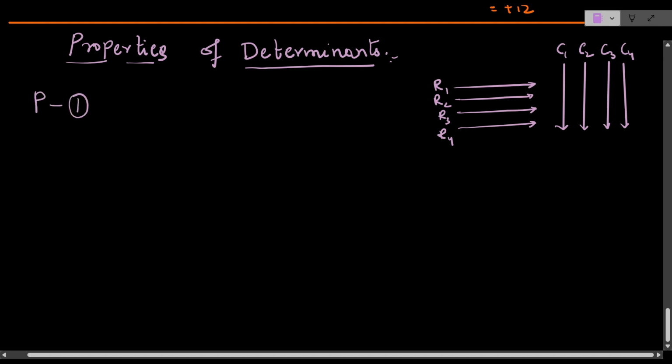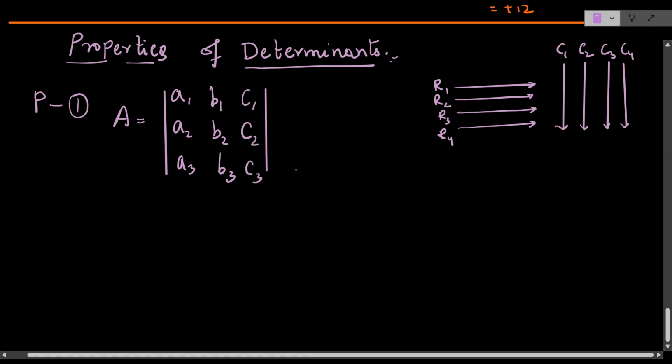So let us see the first property, students. Suppose I have a determinant A equal to A1, A2, A3, B1, B2, B3 and C1, C2, C3. Now I am going to interchange all the rows and columns.